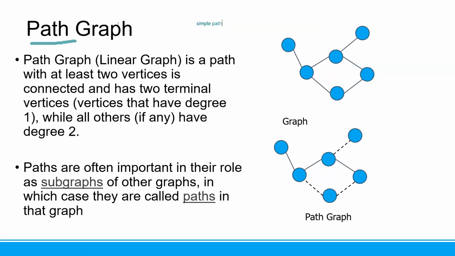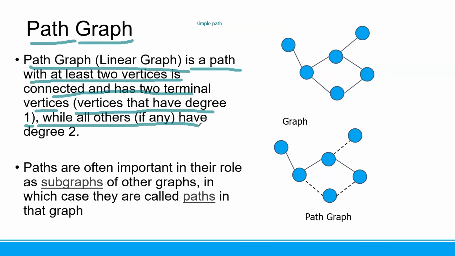We can make a path graph. What is the meaning of path graph? A path graph or linear graph is a path with at least two vertices that is connected and has two terminal vertices, vertices that have degree 1, while all others have degree 2.